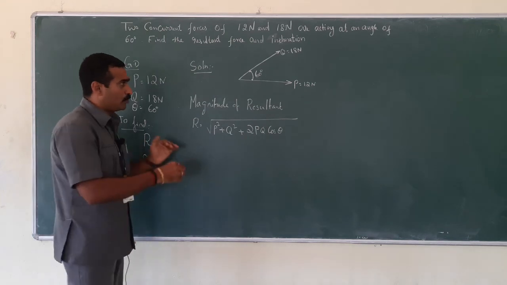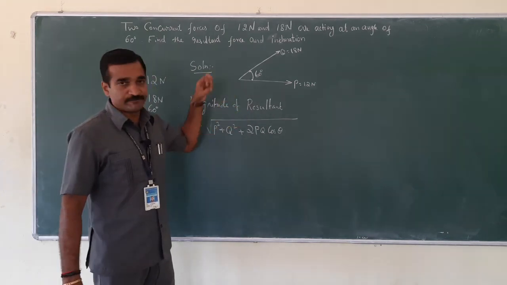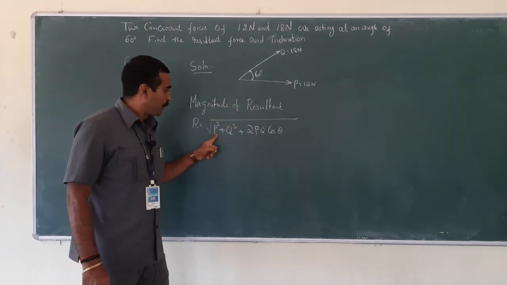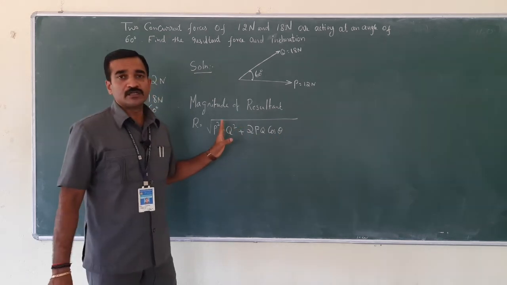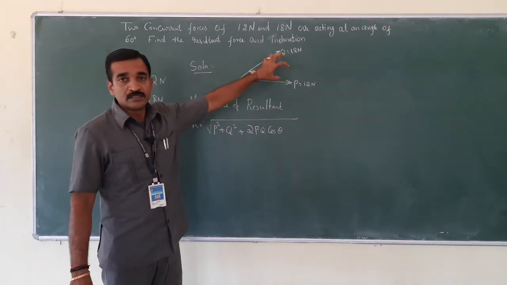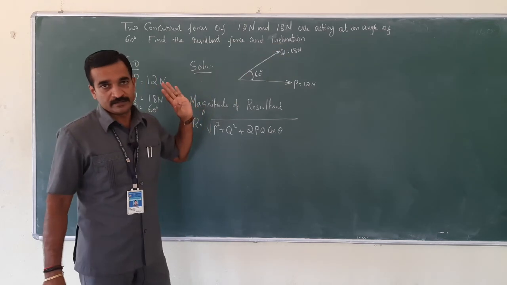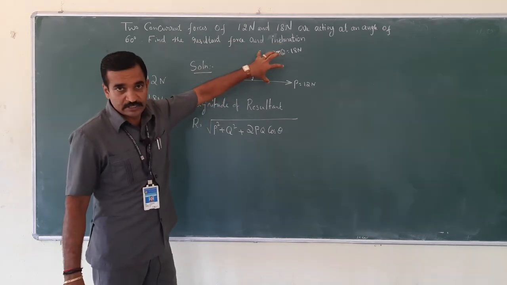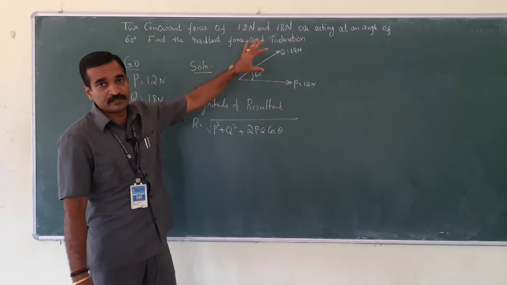Right. So now I am going to substitute all the values. Look here. P, Q, theta are known, which are the variables available in the drawing, not the given drawing, which is drawn by myself, but from the given question.